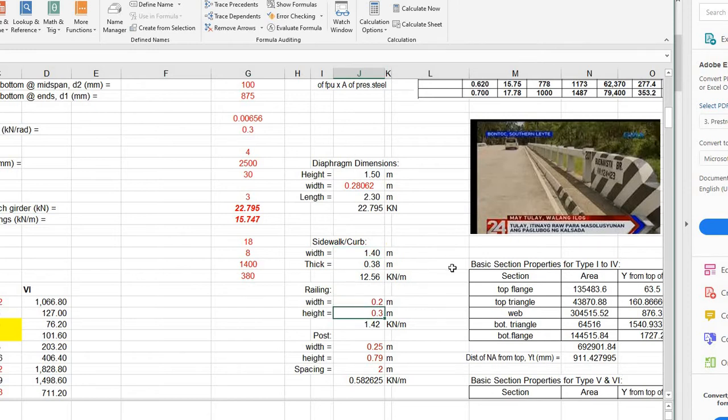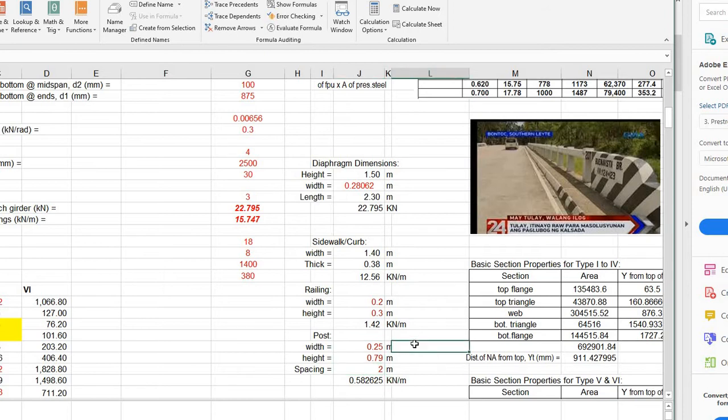So, parang minimum beam section. Ano? And then, yung post naman, ayan, parang columns yan at spacing of 2 meters. 2 meters ang nilagay ko. So, ang dimension, square post yan, 0.25 by 0.25 by height na 0.79. Input data lahat yan, and then spacing is 2 meters.